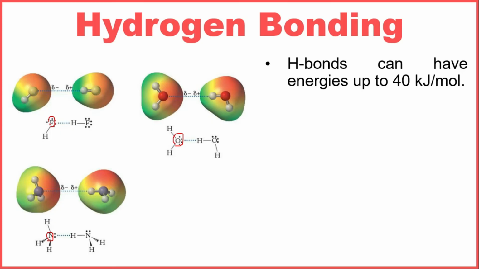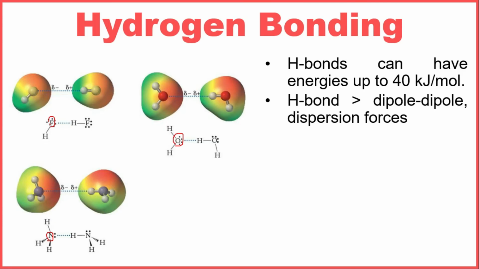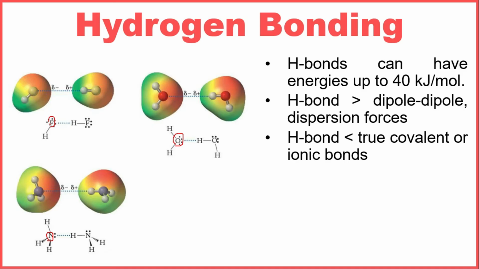Hydrogen bonds can actually have energies up to 40 kilojoules per mole. Okay? So hydrogen bonds are mostly strong in comparison to normal dipole-dipole force and dispersion forces. However, they are weak compared to true covalent or ionic bonds.